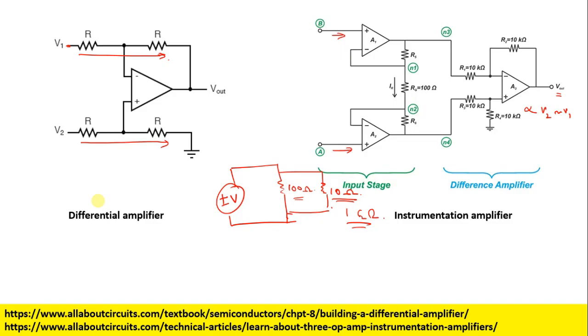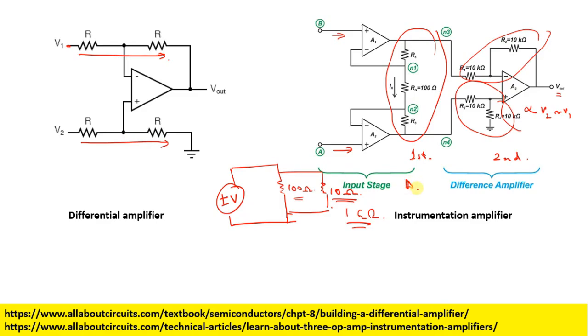And further, if you look at these resistance factors over here, all these resistances give the first stage and second stage gain. Combined, if the gain of the first stage is A1 and the gain of the second stage is A2, the combined gain would be A equals A1 multiplied by A2, because this becomes two cascaded systems.